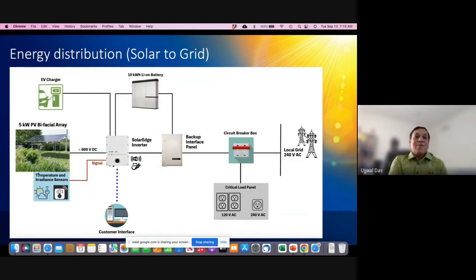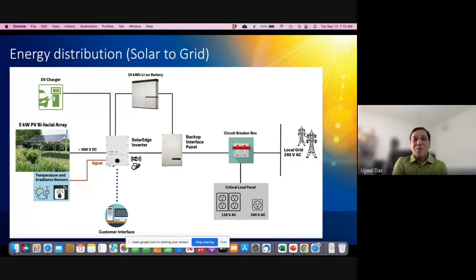So as I mentioned, there are a lot of different electronic components. The maintenance cost for solar is almost nothing. You may need to occasionally clean the surface, basically blowing or washing with water. The advantage of solar panel is that it has no external moving parts.